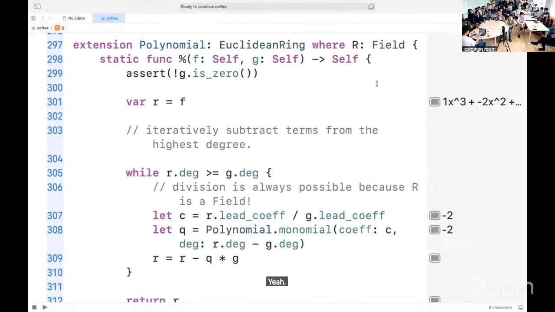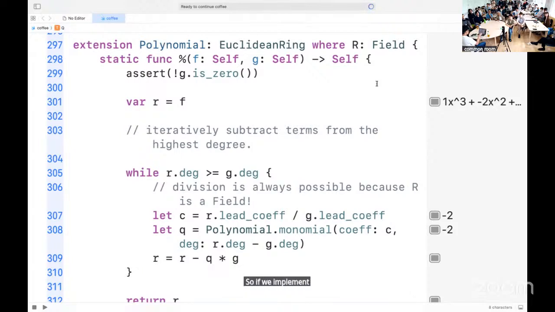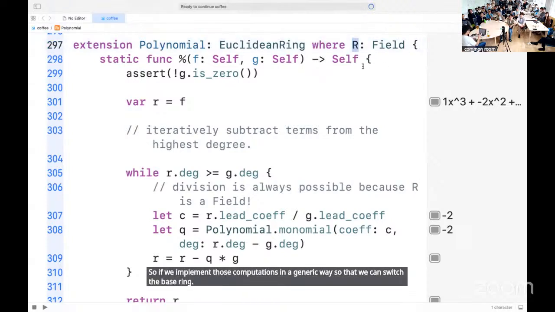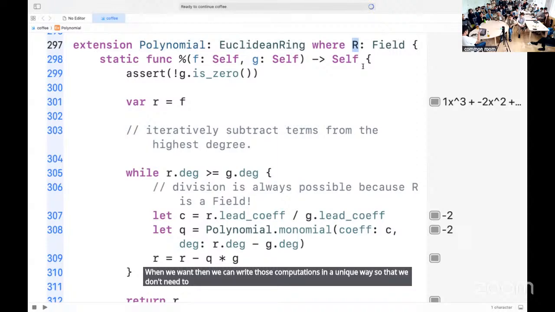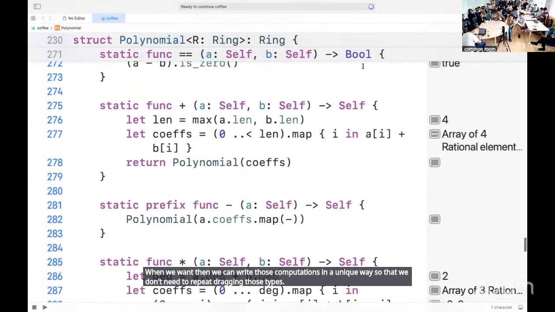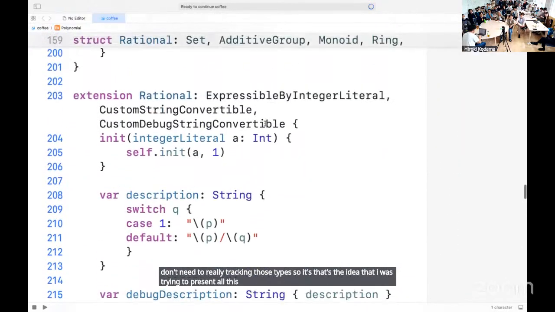And we never want to repeat writing those computations for each of those specific types. So if we implement those computations in a generic way, so that we can switch these base rings when we want, then we don't need to repeat writing them for specific types. That's the idea that I was trying to present with this GCD function.